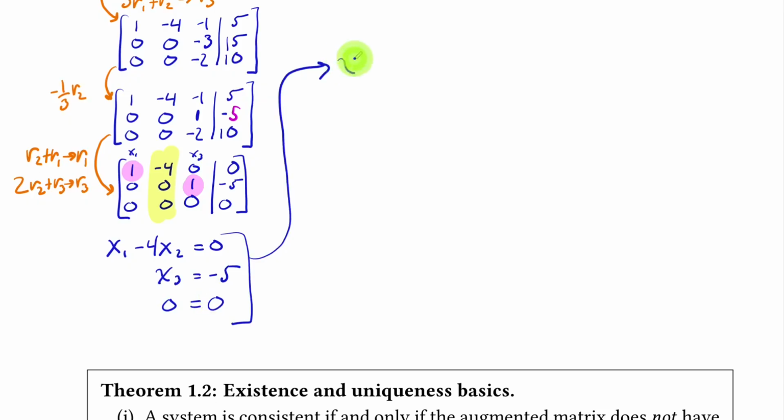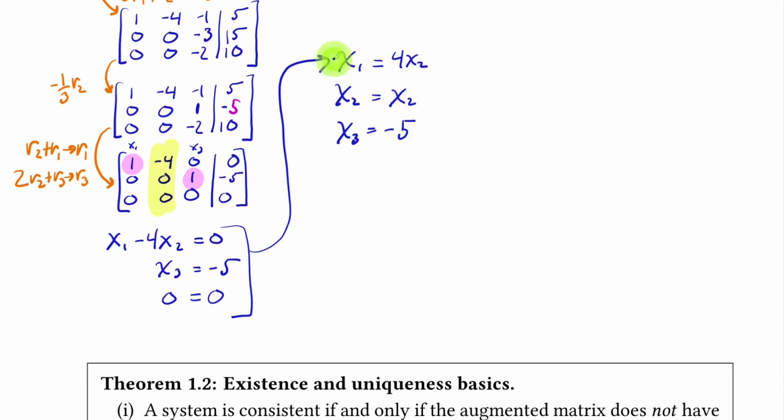But we could solve for all the variables in terms of the free variables. The first equation here gives you x1 in terms of x2: x1 equals 4x2. And x2, because it's a free variable, we just say is equal to x2. And x3 is negative 5.